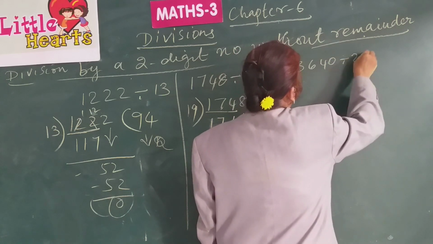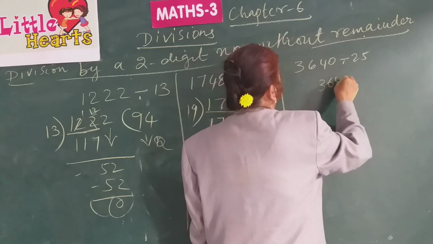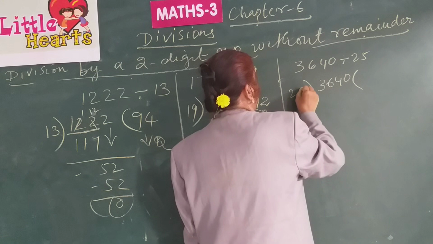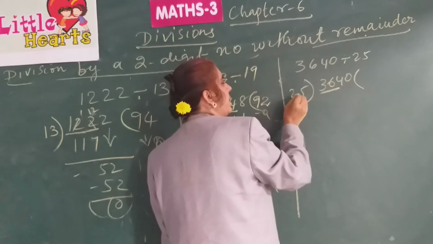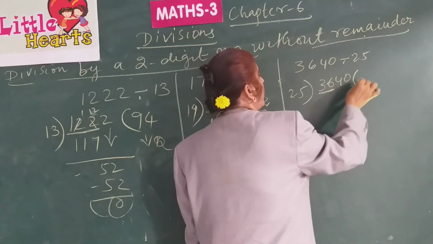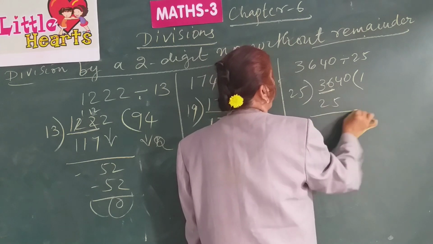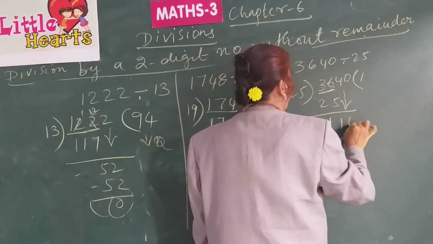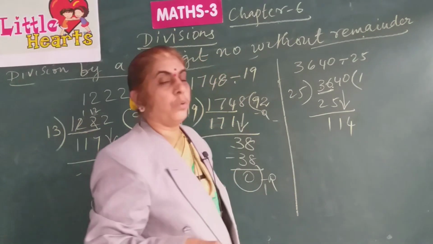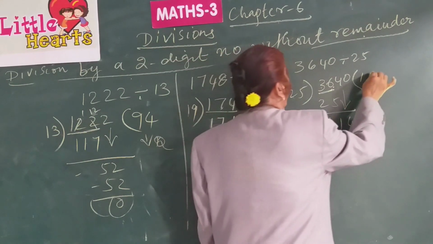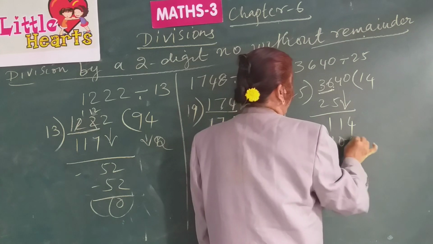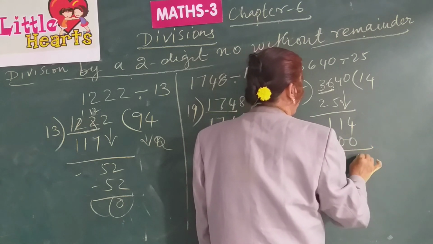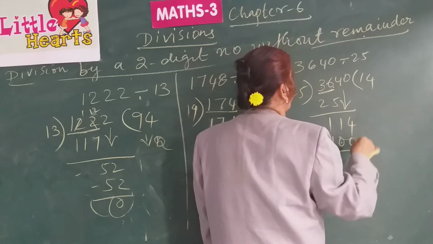Next, 3640 divided by 25. As the first 2 digits are less than the divisor, take 3 digits. 25 ones are 25. 36 minus 25 is 11. Bring down 4. 114. 25 fours are 100. 114 minus 100 is 14.